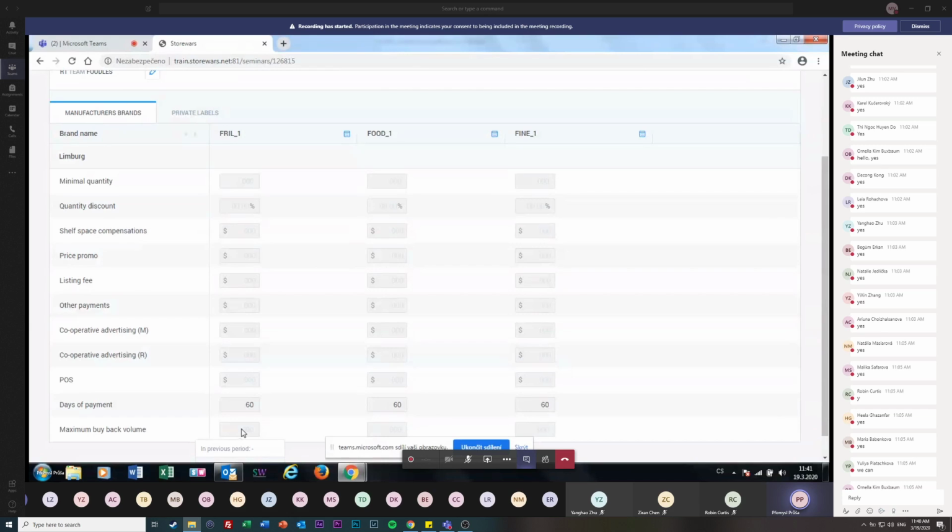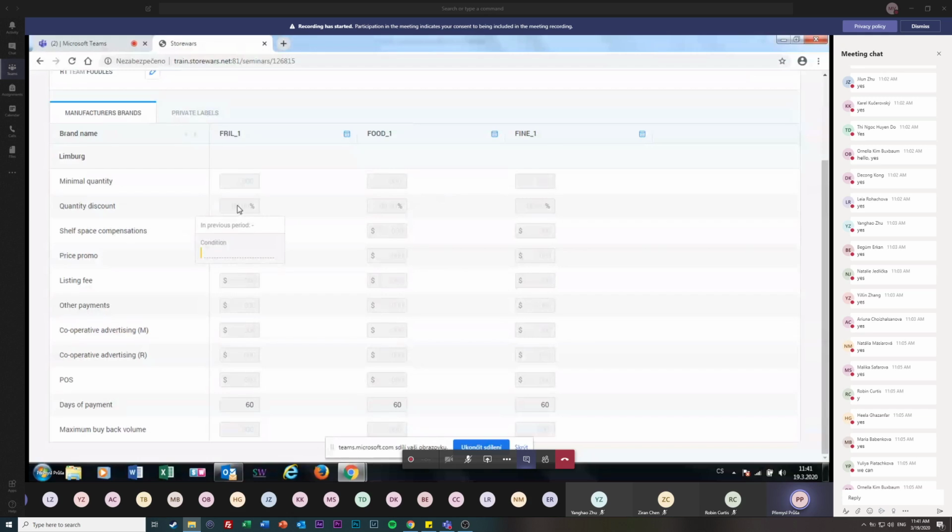So once again, when you are negotiating, you should negotiate the quantity discounts for each product. Then the minimum quantity, of course. Then some payments for shelf space, payments for the promotions, payments for listings, cooperative advertising, and spendings on POS, basically, special display. And don't forget about days of payment.